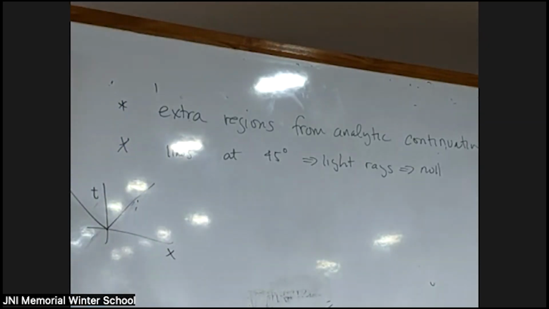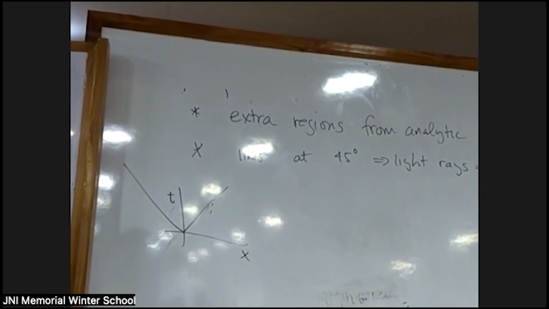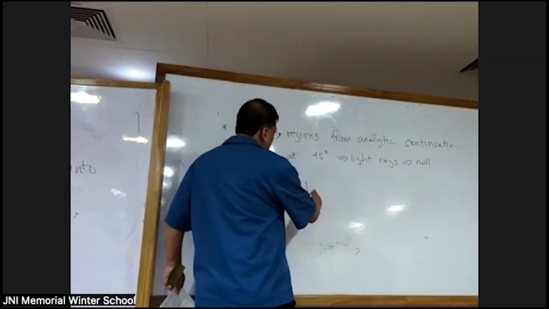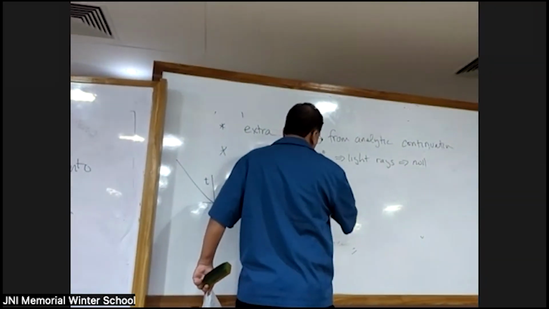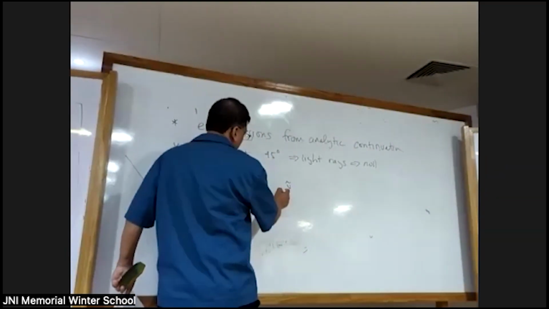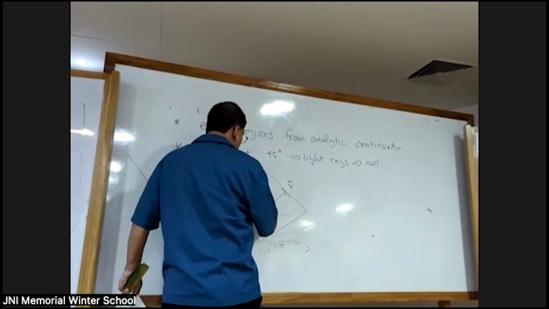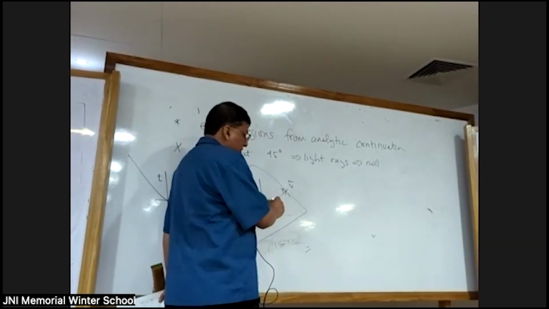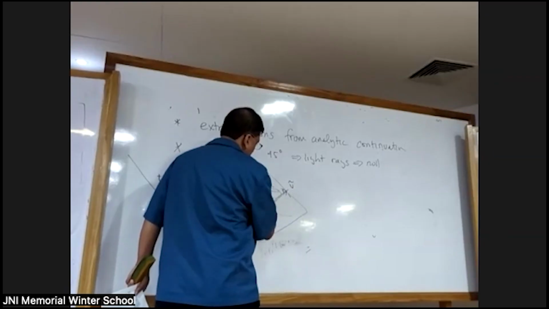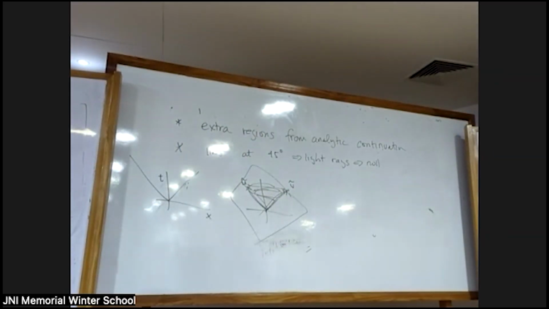If I do a conformal transformation, I compactify everything to a finite range and get some new V tilde and U tilde. But light rays are still going like this and like this. This is still my light cone. The shape is not different.